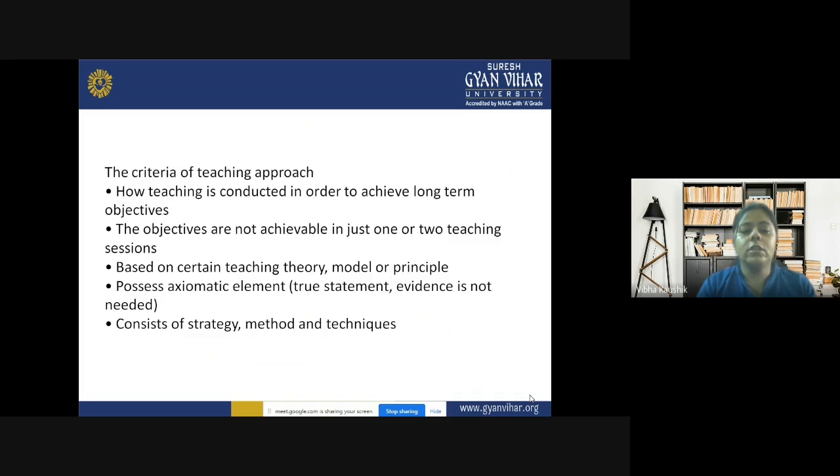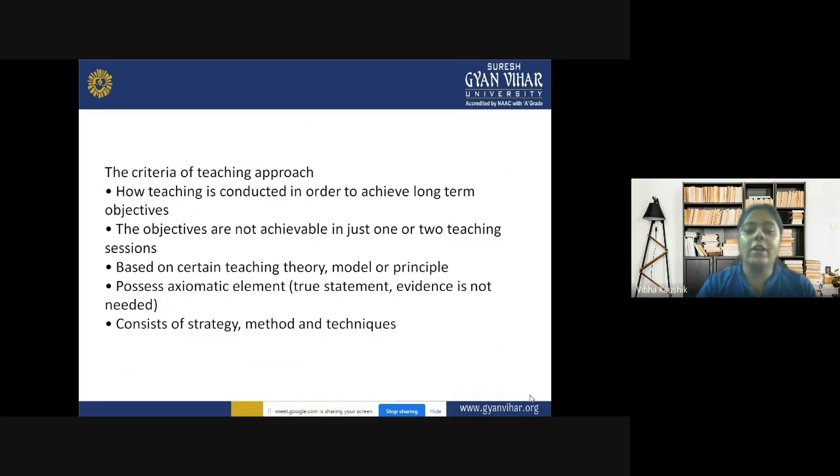Based on certain teaching theory, means the teaching approach is based on certain teaching theories. Different theories have been there for teaching, and it is based on those teaching theories, model or principle. Possess axiomatic element whose statement evidence is not needed.